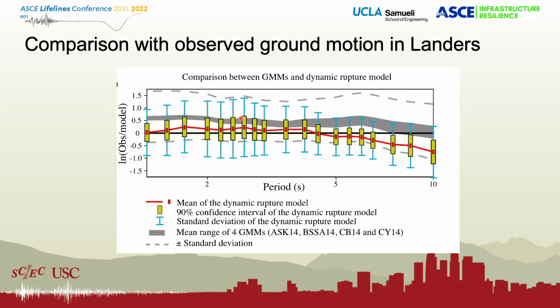Relative to GMP, our model well addressed the event term of unilateral rupture. In general, our dynamic rupture model captured the ground motion in periods lower than 5 seconds. Longer period misfit may be caused by the 3D velocity structures.